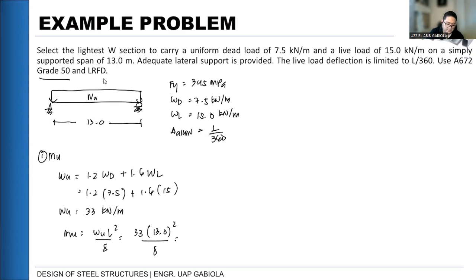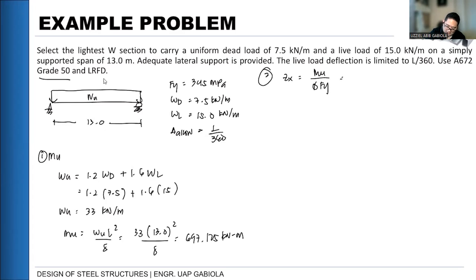We have MU equal sa 697.125 kilonewton meter. Okay?